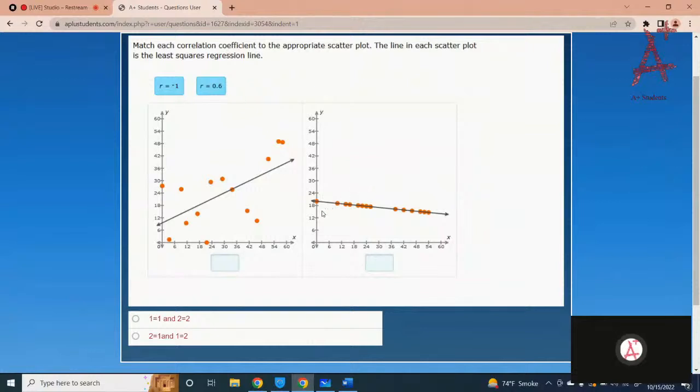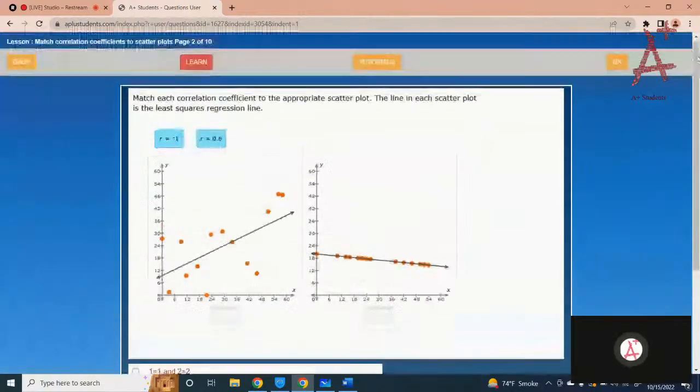And for the second one, x values are increasing and y values are decreasing. It would be 2 equals 1 and 1 equals 2.